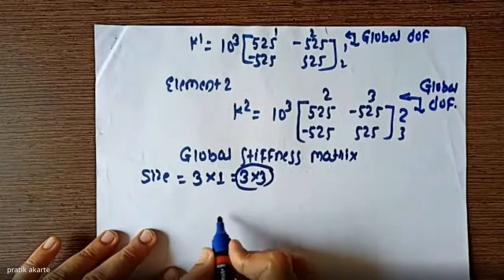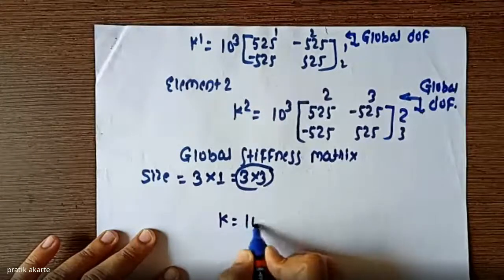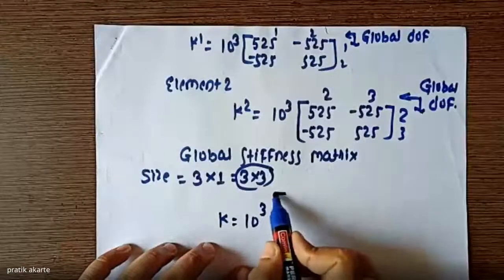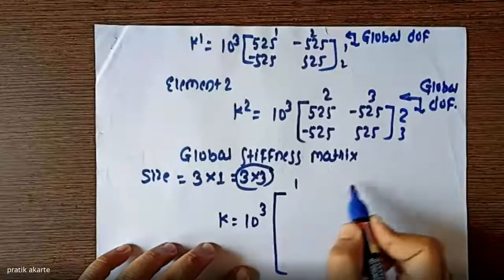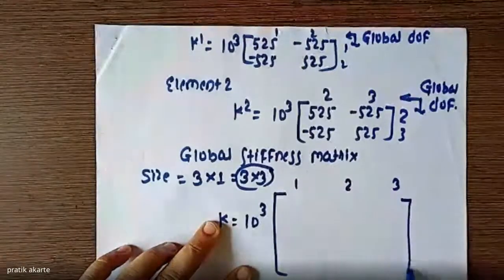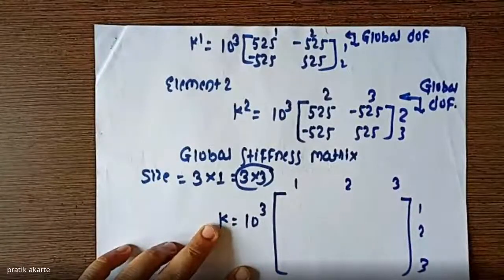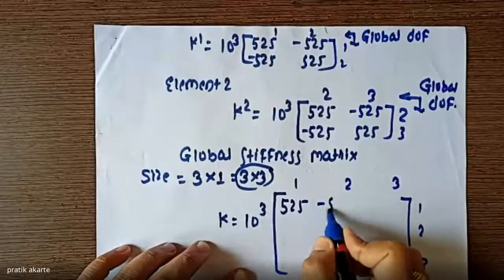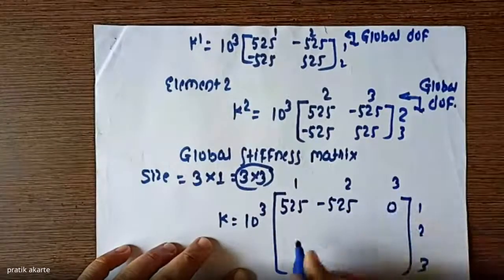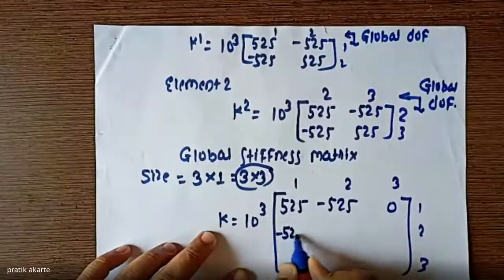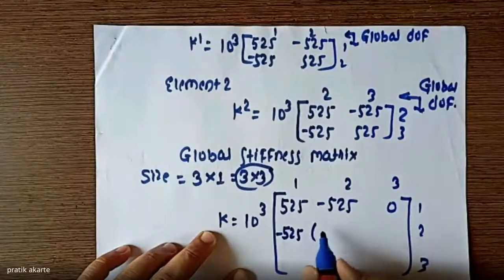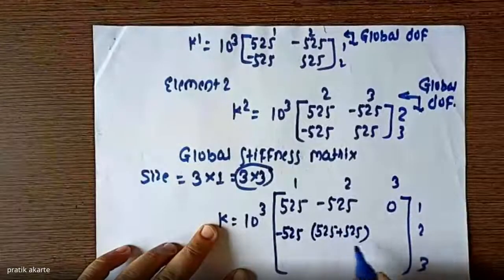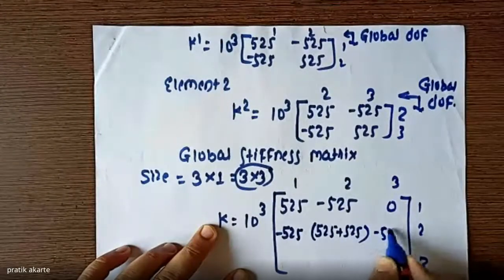So I'll write the global stiffness matrix as K is equal to 10 raised to 3 in bracket, 1, 2, 3 and 1, 2, 3. So it is 525 minus 525, 0, minus 525. Here I will be getting two terms, 525 plus 525 and minus 525.